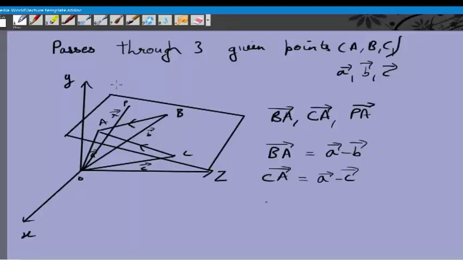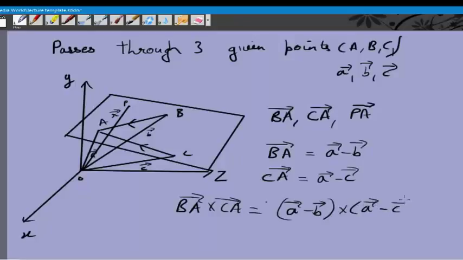One direction perpendicular to this plane will be the direction perpendicular to both these vectors. That direction will be the cross product of these vectors BA cross CA, which is basically A minus B cross A minus C. So this can be written as n vector.